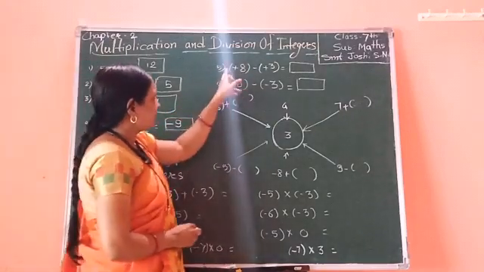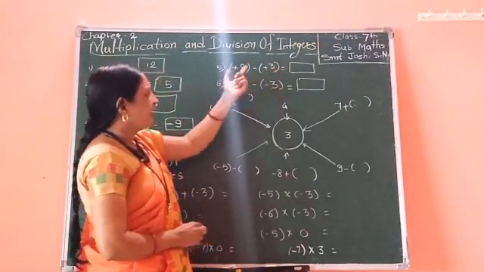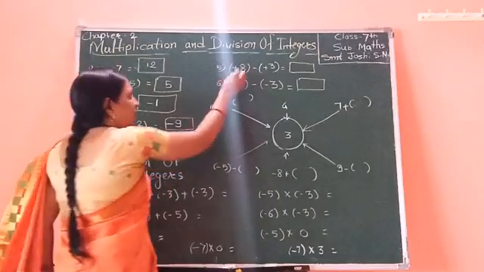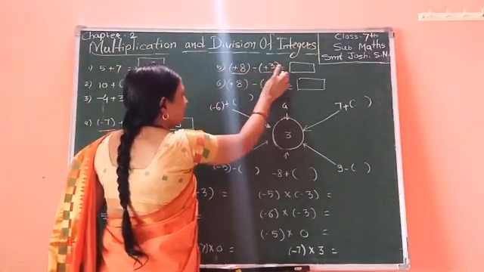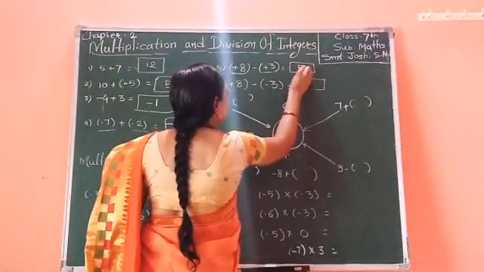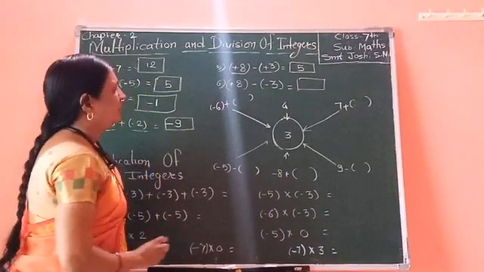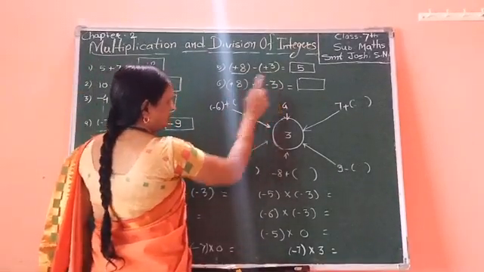Let us see the next example, plus 8 minus plus 3. Here 8 is positive, 3 is positive. 8 minus 3. Answer is 5. Then 8 minus negative 3.